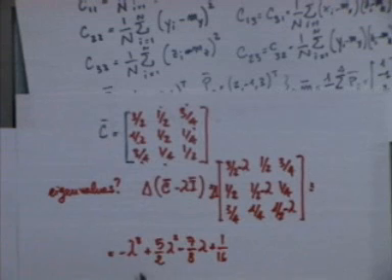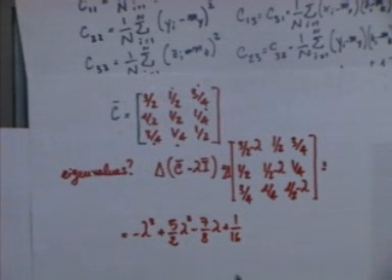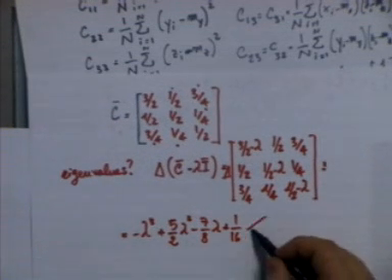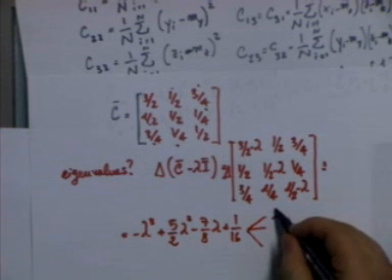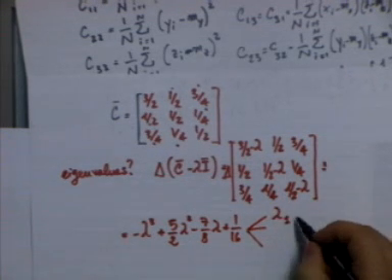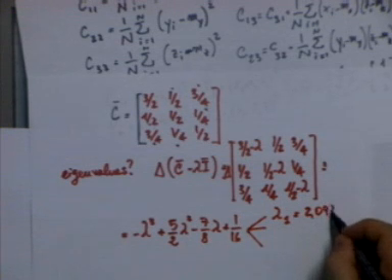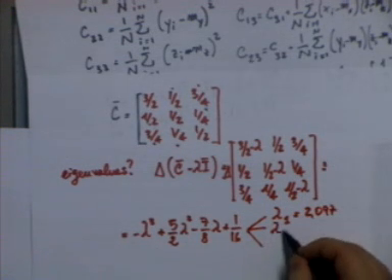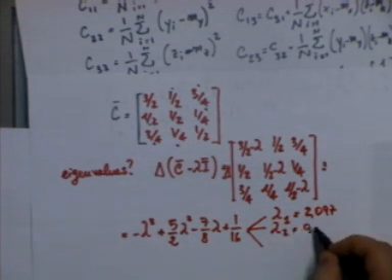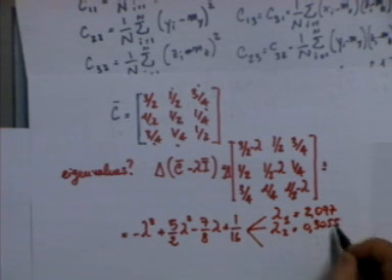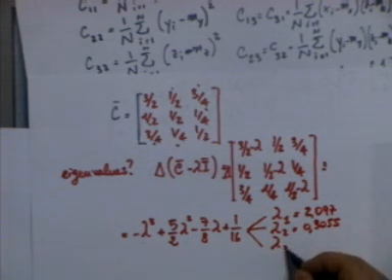Okay. If you find the roots of the characteristic polynomial, you will find that the first eigenvalue, which is the one with the biggest value, is this. The second eigenvalue is this one. The third eigenvalue is this one.